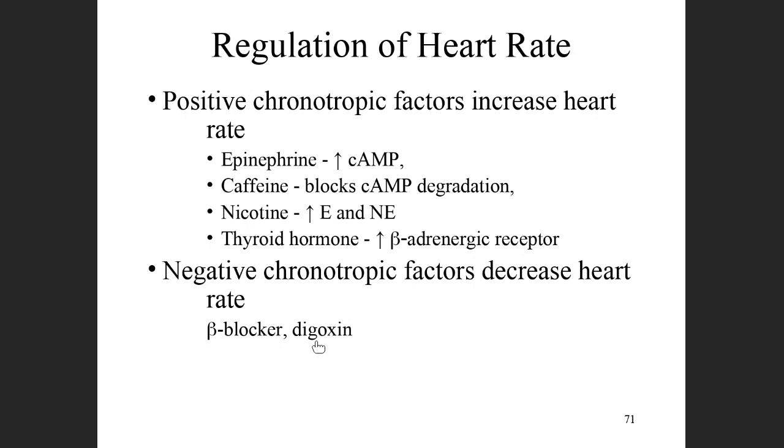And negative chronotropic, we saw it as part of the electrophysiology, the compounds called digoxin, or digitalis, if you will, that comes from the foxglove plant. It decreases the heart rate, just like a beta blocker decreases the heart rate.